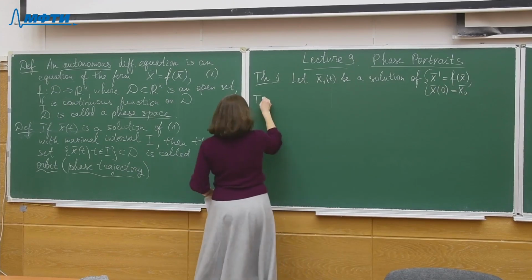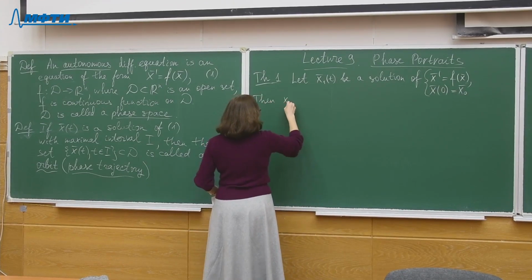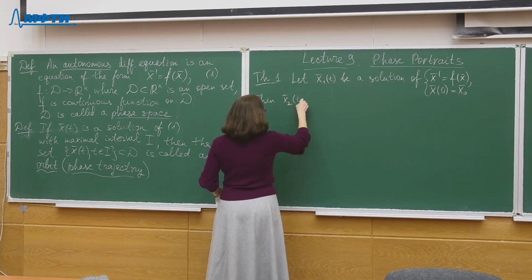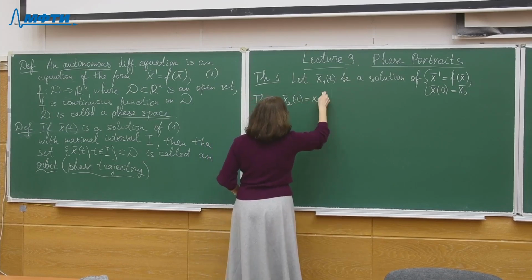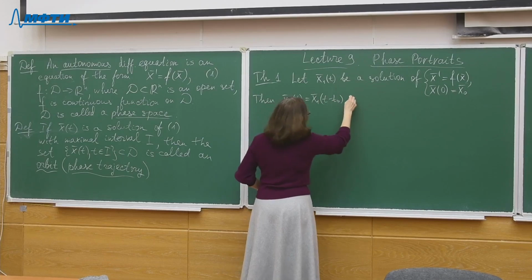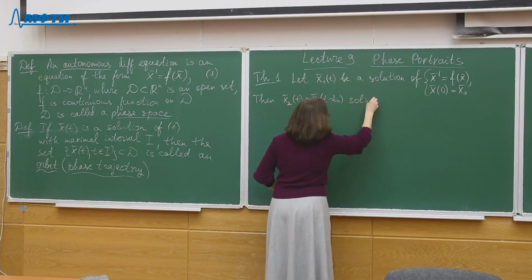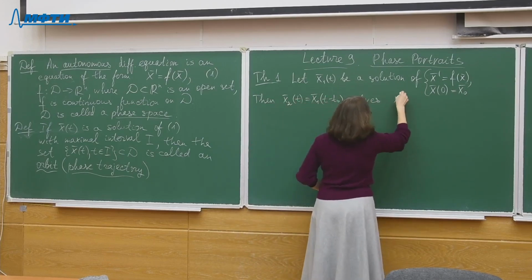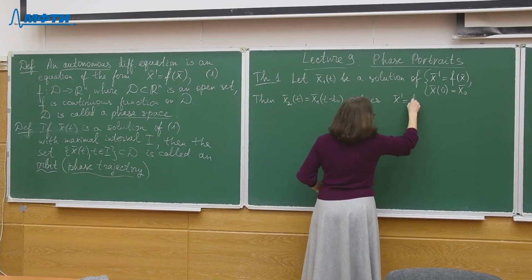Then x2 of t, which is equal to x1 of t minus t0, solves this equation.